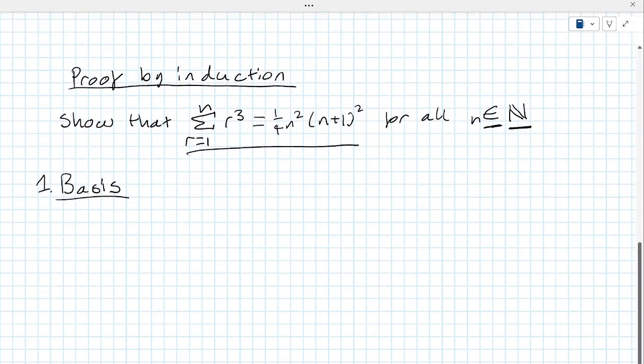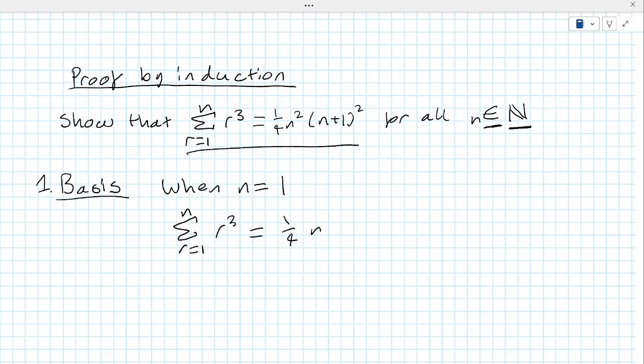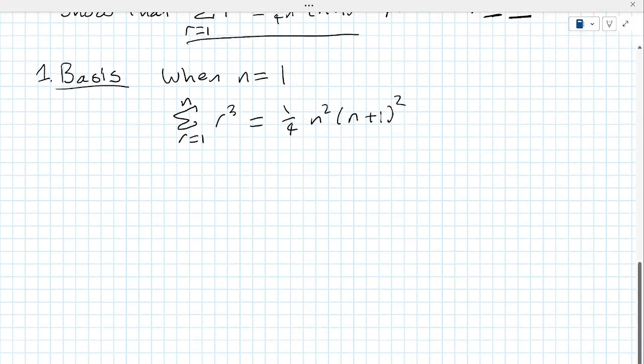So what I would write in the test would just be basis, and then I would write when n is equal to 1, and then I would write my equation out again. So the sum of r cubed from r equals 1 to n is equal to 1 over 4 n squared, n plus 1 squared. Then I would write left hand side, so we are only focusing on this part of the equation.